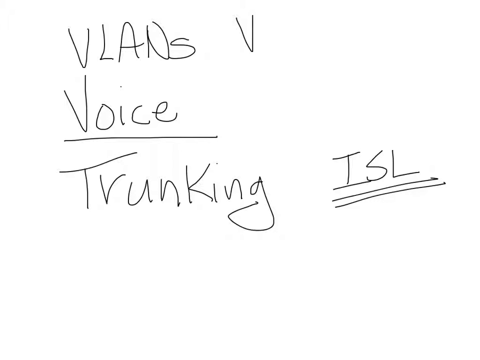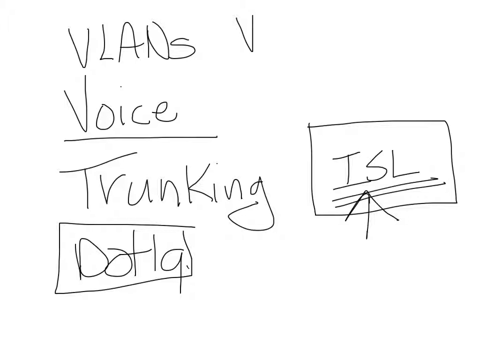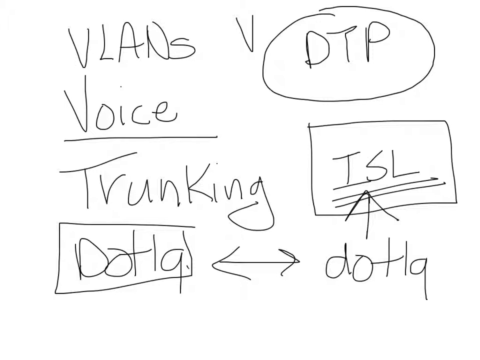So if you have an older switch whose default is ISL, and you have a new switch that's .1Q, you're going to have to take this switch and reset the encapsulation to .1Q. You get it? Then they can communicate. Last thing I'll mention, dynamic trunking protocol in the curriculum. You can take a look at how that works, Cisco proprietary.